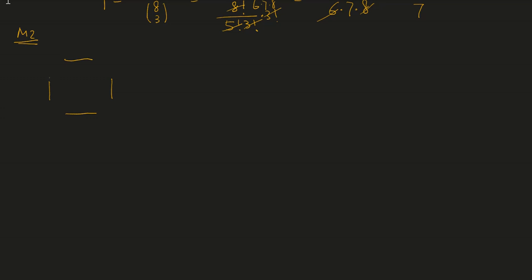So let's say this is our octagon. And I will highlight these vertices for a better view.